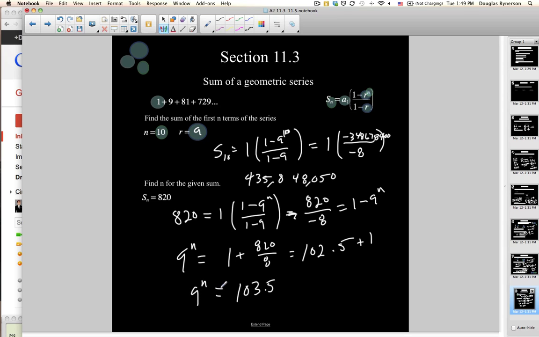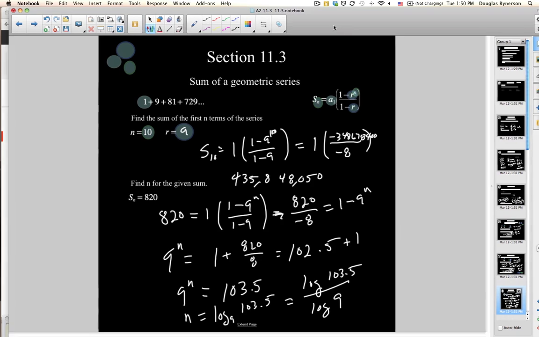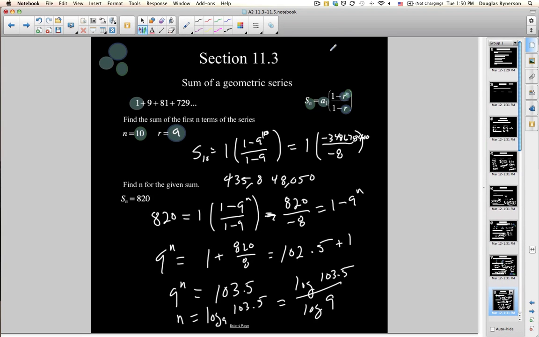And if I want to solve for n, n will be equal to a log base 9 of 103.5. I took a log base 9 of either side. I could use that as log of 103.5 divided by log of 9. And you could do that, finish that out on your calculator.